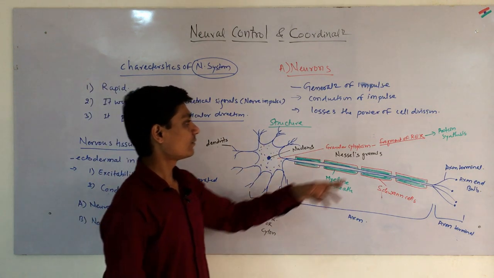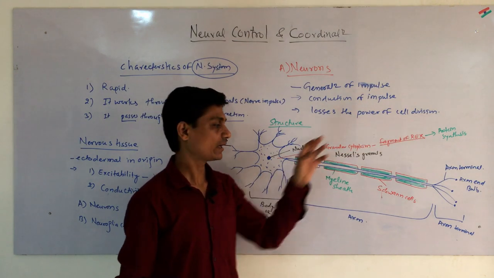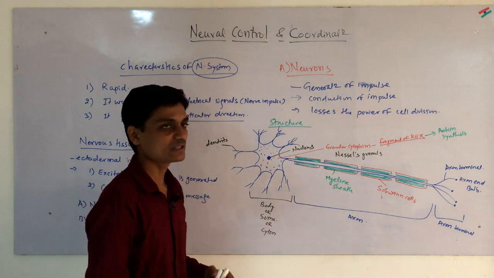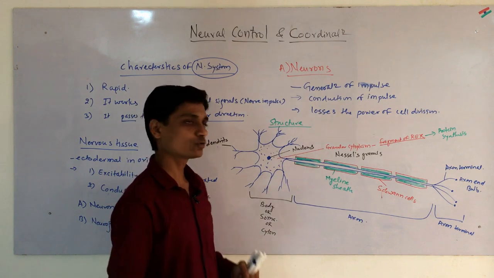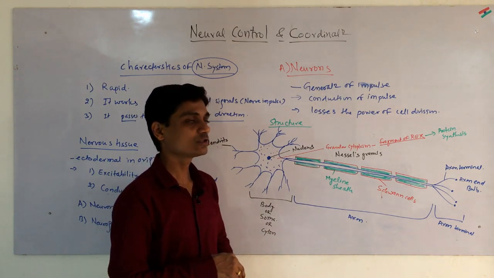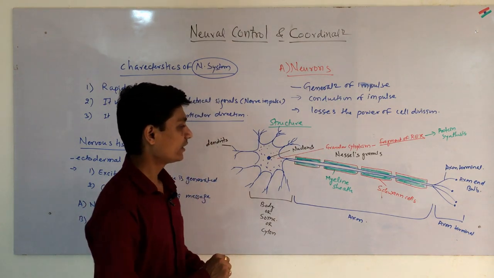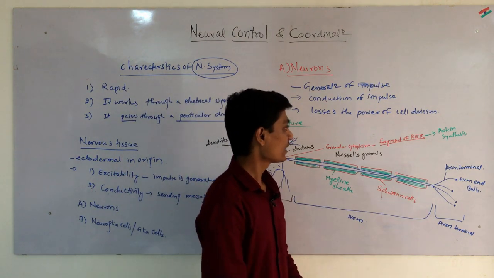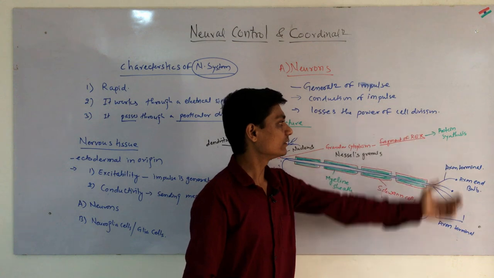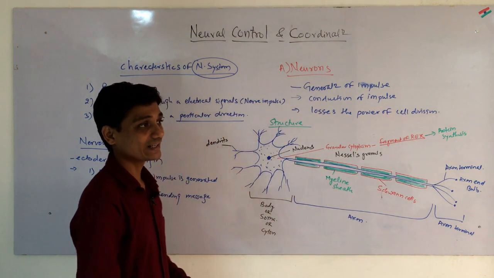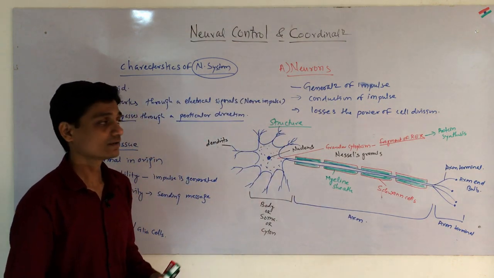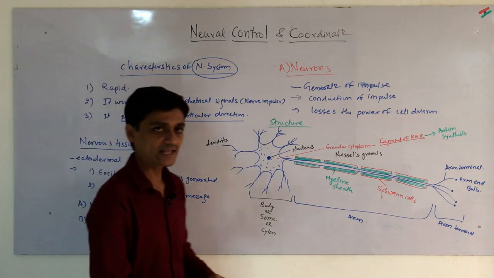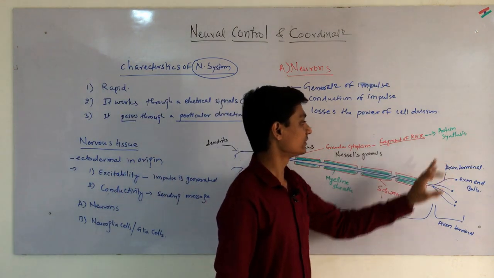Because some fragments of RER are present. That cytoplasm is also known as Nissl's granule because it is named after the scientist who discovered it. And as the fragments are made up of RER, rough endoplasmic reticulum, it has the property of protein synthesis.